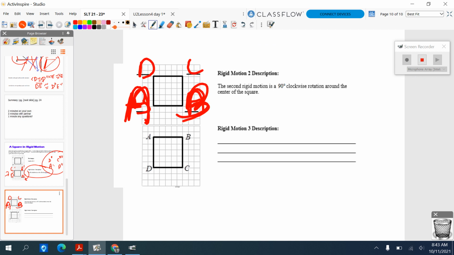And the last thing is, what would be the description of the last rigid motion? So A and B and D and C are kind of flipping. So it looks to me there might be a couple different things you could say here. Nope, you couldn't really say that, because A and B are staying in the same position. They're just both flip-flopping. So this would be a reflection over this line.